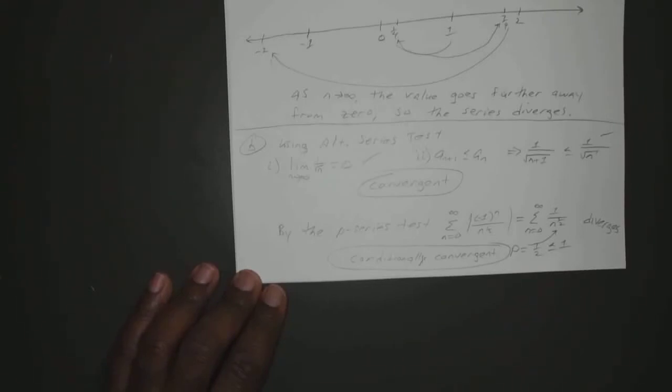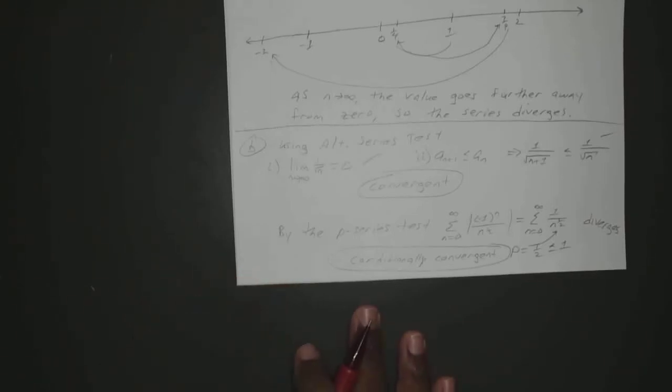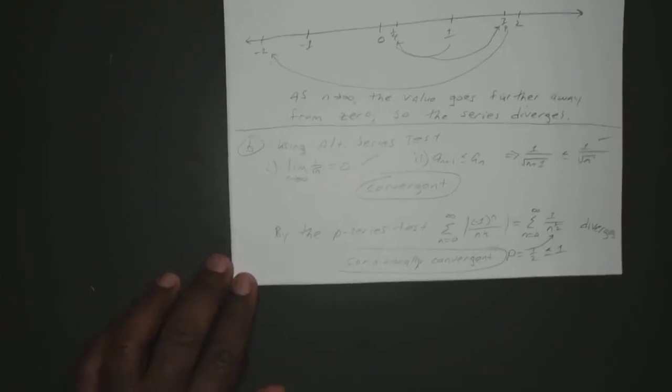All right, so any questions on that one? Can you go over why, when p is greater than 0 and less than 1, or less than or equal to 1, why that still diverges?